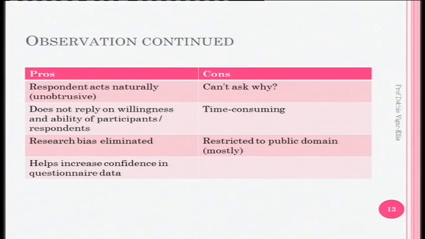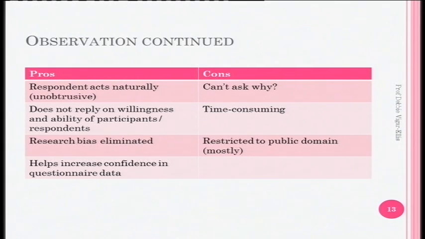All right, just quickly, observations. Respondents are, in most cases, acting naturally. It doesn't rely on the willingness or the ability of the participants, but there are ethical issues. Research bias is eliminated. You haven't got an interviewer involved. It helps increase confidence in questionnaire data, so you can use it to interpret. You can't ask why.